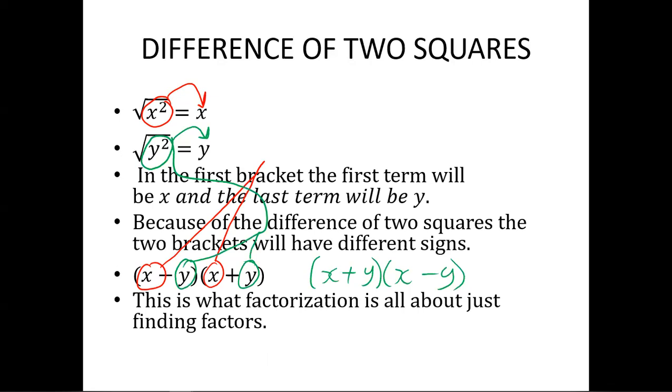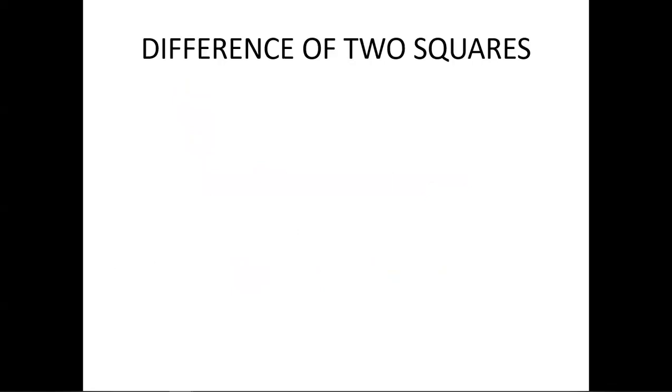Let us look at this. You will need to find the factors of x squared. What are the factors of x squared? I mean, the square root of x squared. We know that we're going to have two brackets.